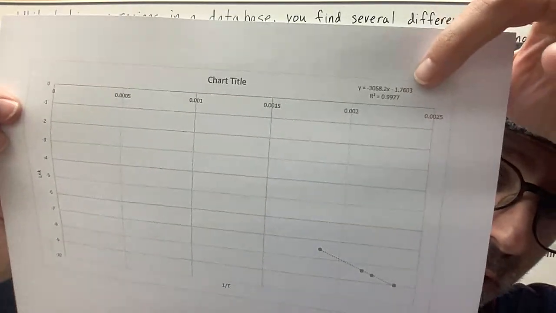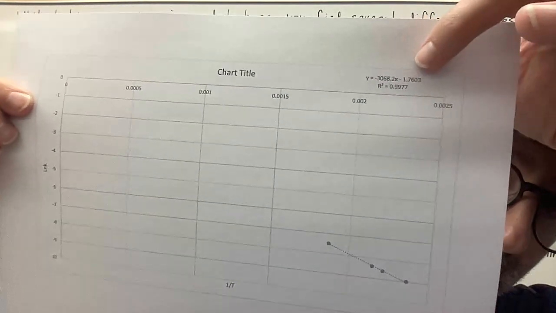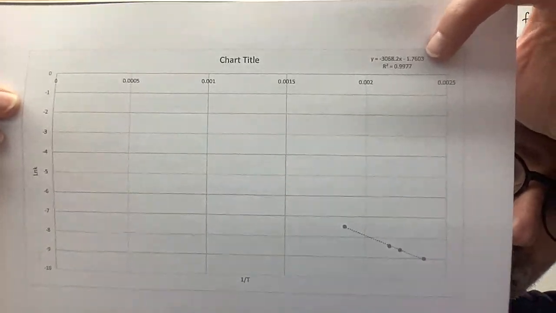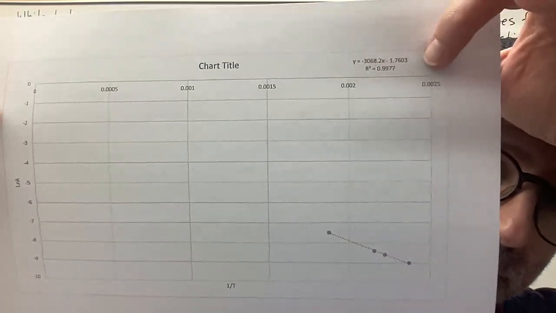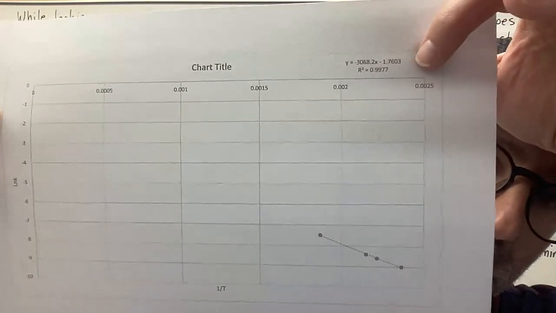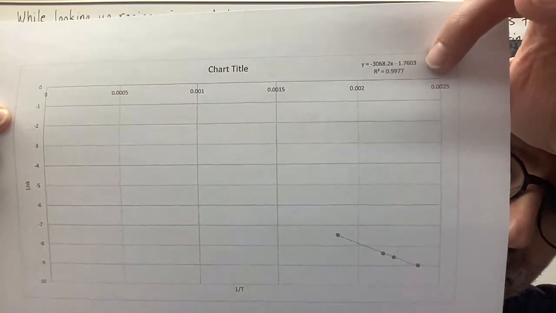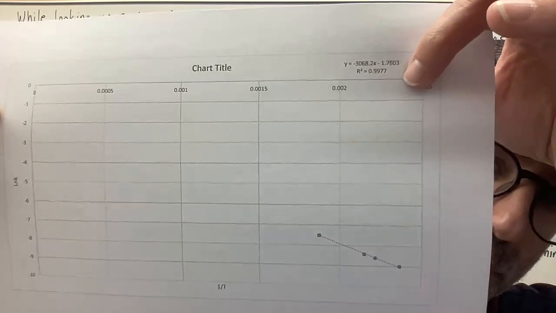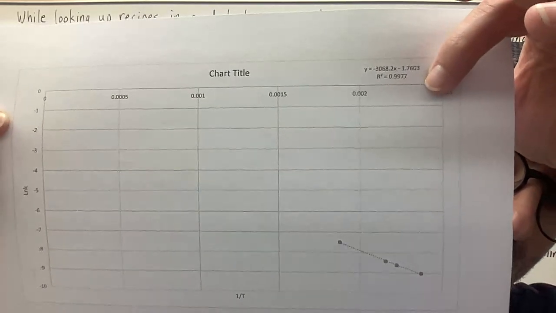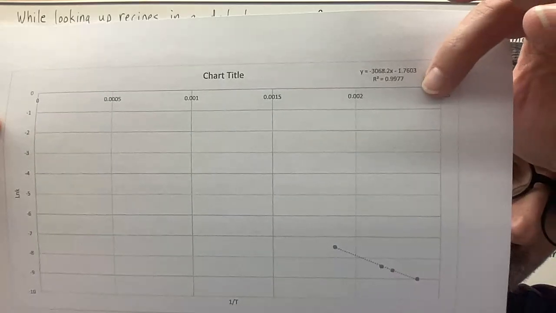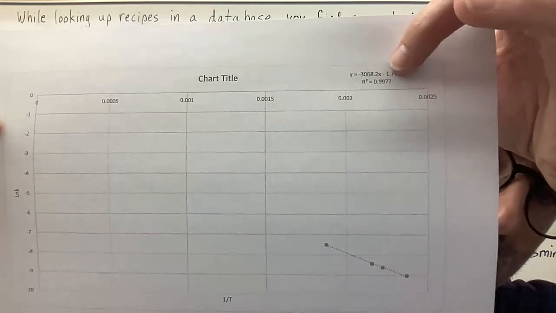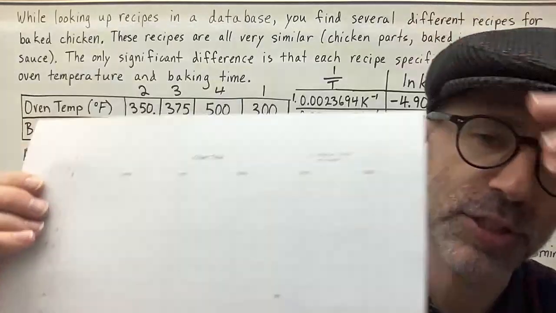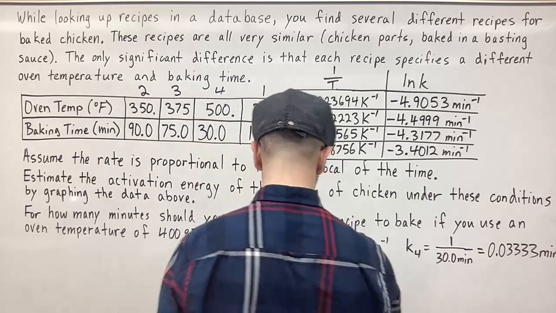Up here, I have the equation for the line: y equals something times x minus something like 1.7. This is the slope-intercept form of the equation. And you can see the r-squared value, which indicates that the points fit the trend line pretty well. But the important thing is that we got this equation, and that's what we're going to use. So let me write down that equation.